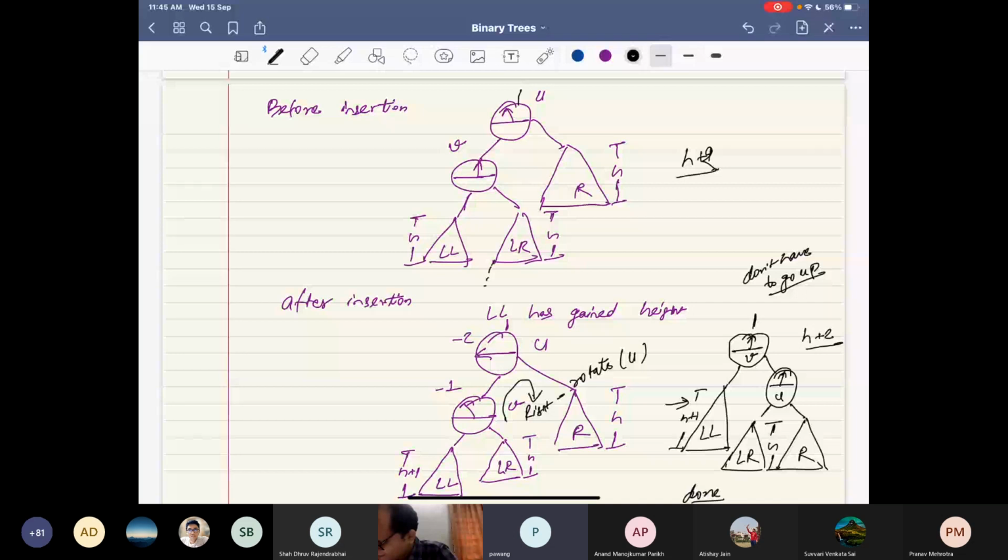So this is what will happen after insertion. This will become h plus 1, and this will become plus, and this will become -2. Now what will you do?